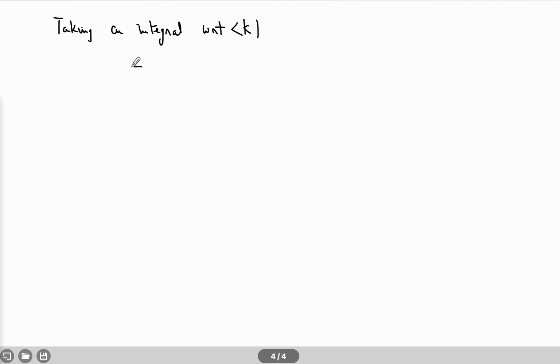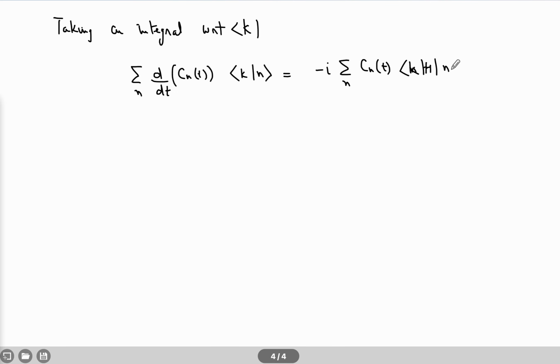What we'll get is summation n d by dt cn(t), and I will have bra k ket n, and on the right hand side minus i summation n cn(t) bra k H ket n. So this is <k|H|n>. So this is nothing but the matrix element over here now, right?